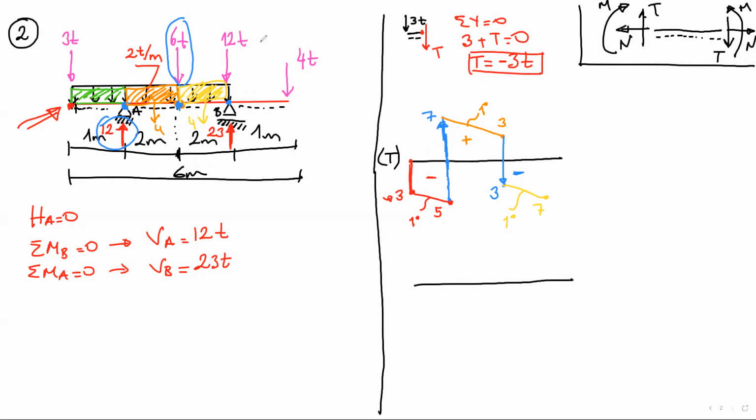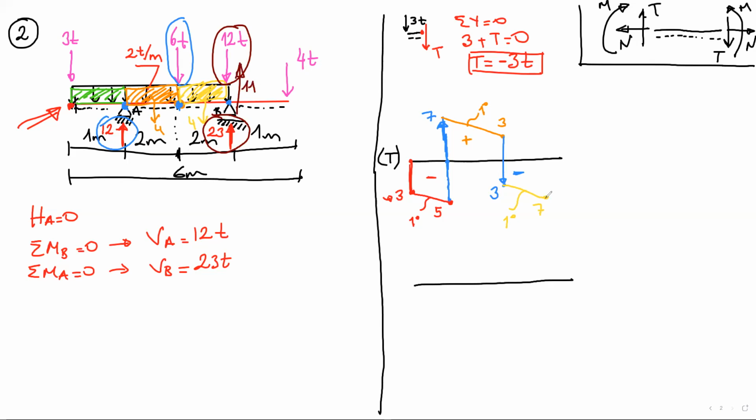Can you see this? Here, this one, and this one. Here we have 2 point loads. So if we combine these point loads, what do we have? We have an 11, which goes up, because the 12 and the 23 are in opposite directions. The total point load is 11.